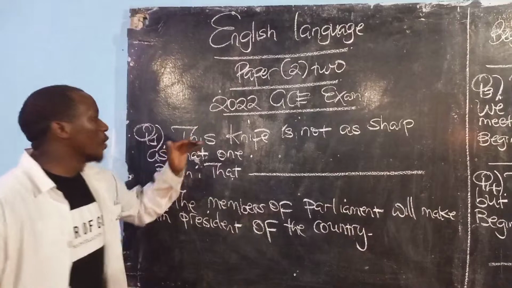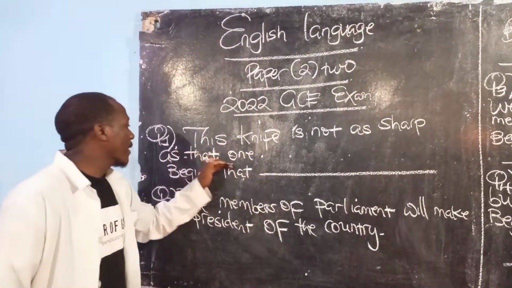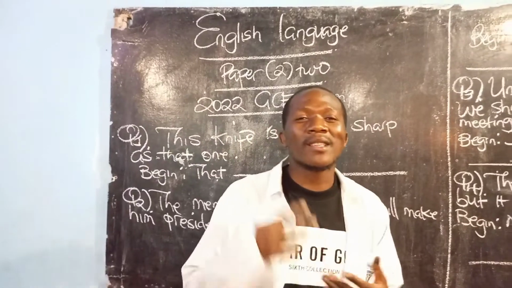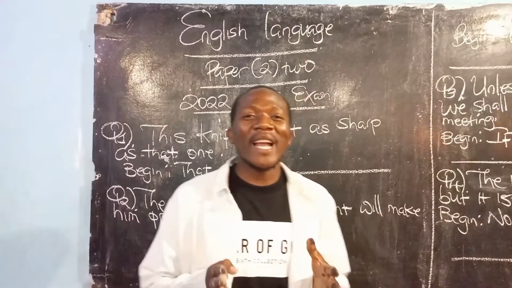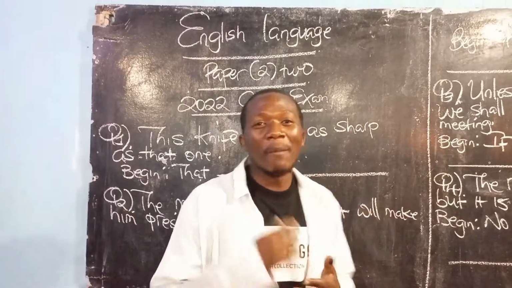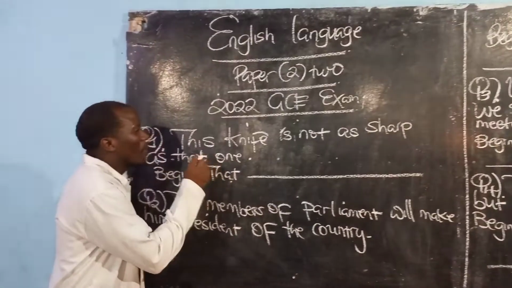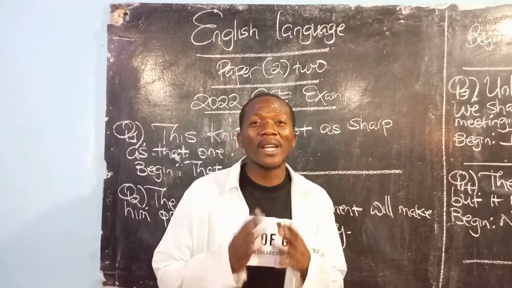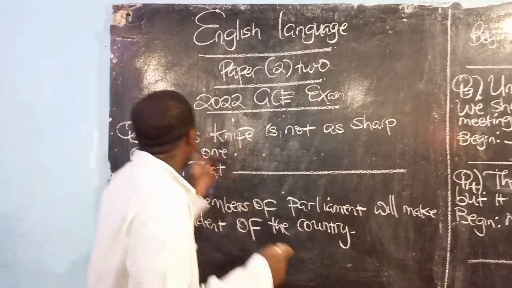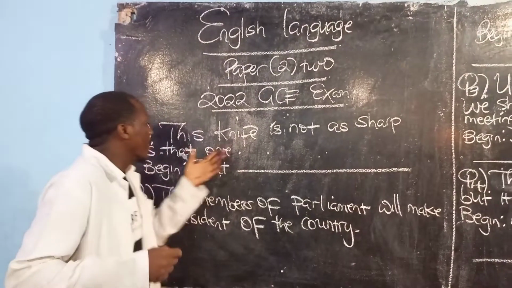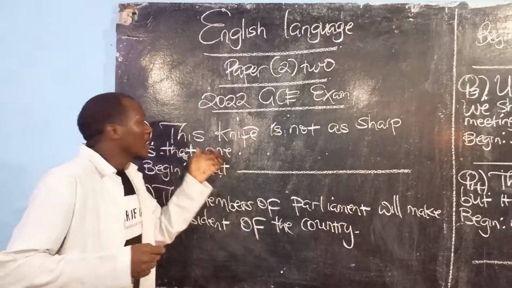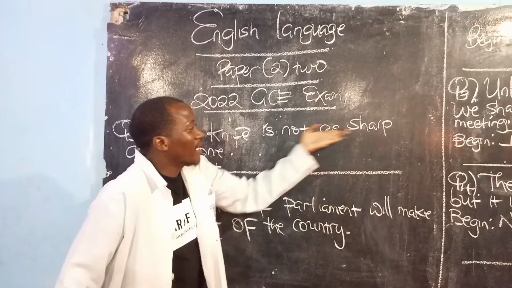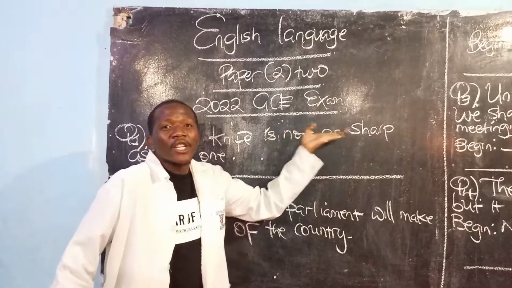This knife is not as sharp as that one. This type of sentence as a transformation is basically a comparison type of sentence, and we are going to draw comparison between the two types of things that are under the same category. By that, I mean this knife, and then there is that one. So this knife is supposed to be compared as being less sharp.